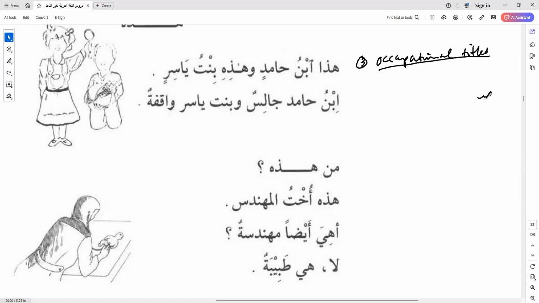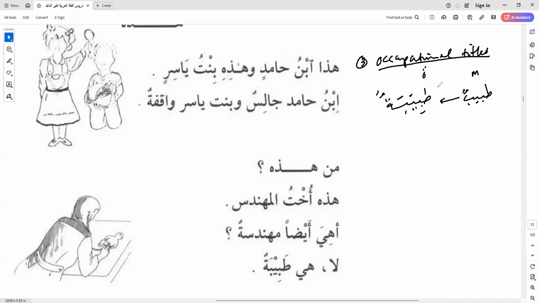So if I have tabibun, since it doesn't have taw marbuta, then it's a male. How do I get a female? By adding the taw marbuta at the end. So I get tabibatun.